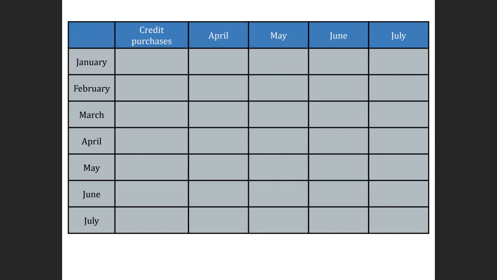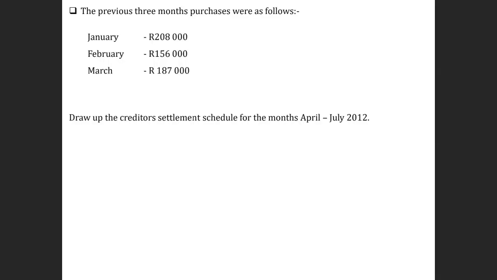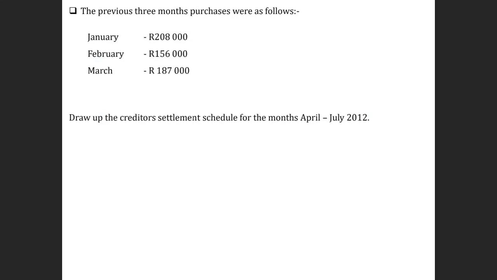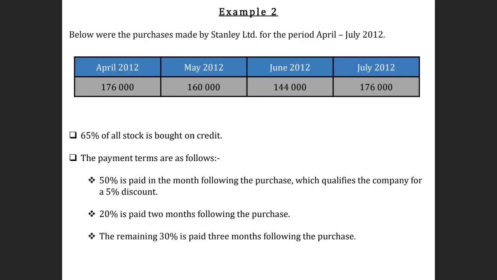And then from the first block here, it starts with January because January was the first month for which they gave you information. So you start with Jan, Feb, March, and then you'll go to the figures that were also given to you here in this little block, April through to July.